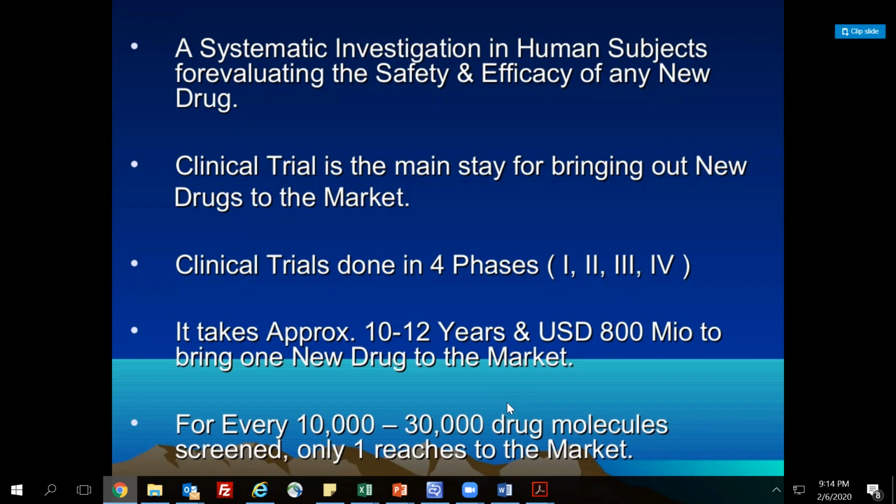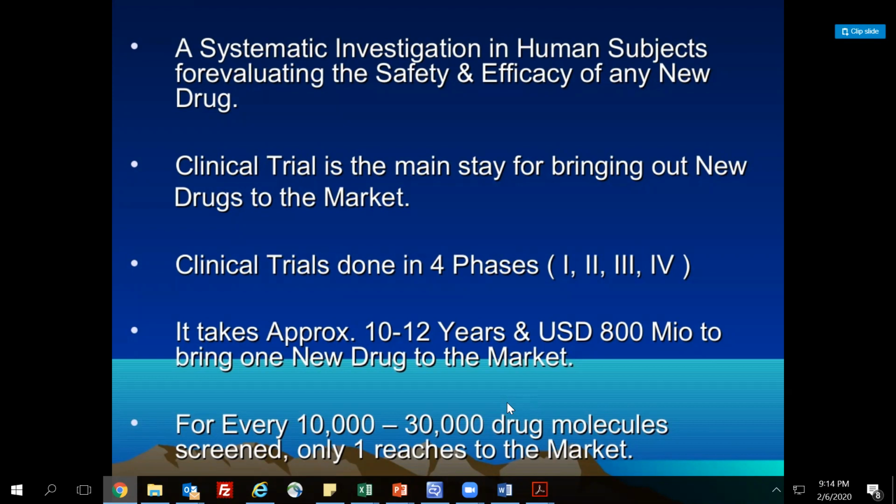First we have to understand what a clinical trial is. A clinical trial is nothing but a systematic investigation in human subjects. Drugs are being given to human subjects to test the safety and efficacy. Efficacy means how effective the drug is.